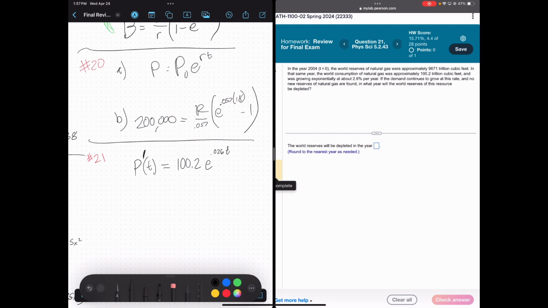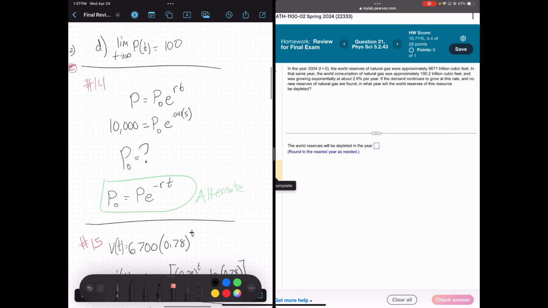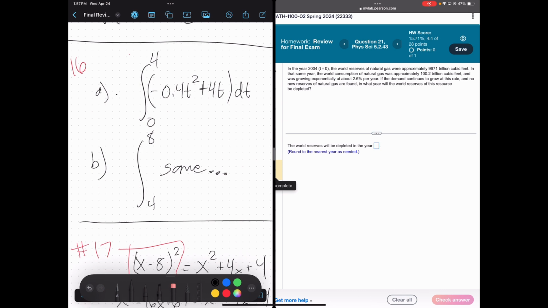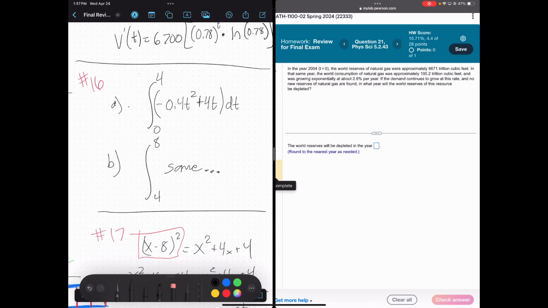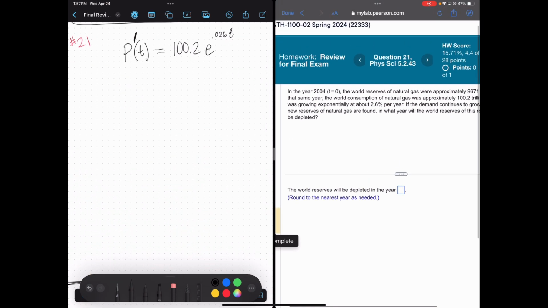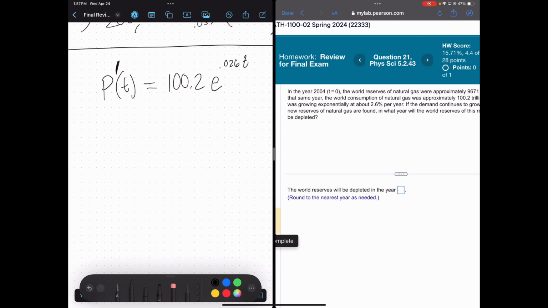Why are we using an integral? This goes back to the same idea that we talked about in this one. If you have a rate function, what will the integral tell you? Total change. So if I come to this problem right here, and this represents my consumption function, your rate of consumption, what will the integral give you? Total consumption.